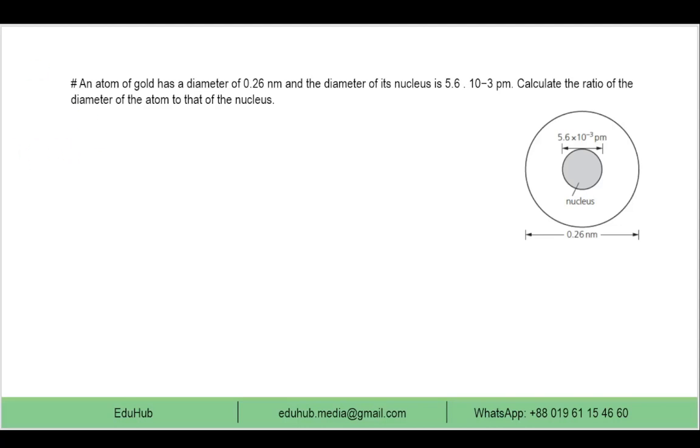So what we need to do is to calculate the ratio of the dia: dia of the atom divided by dia of the nucleus.